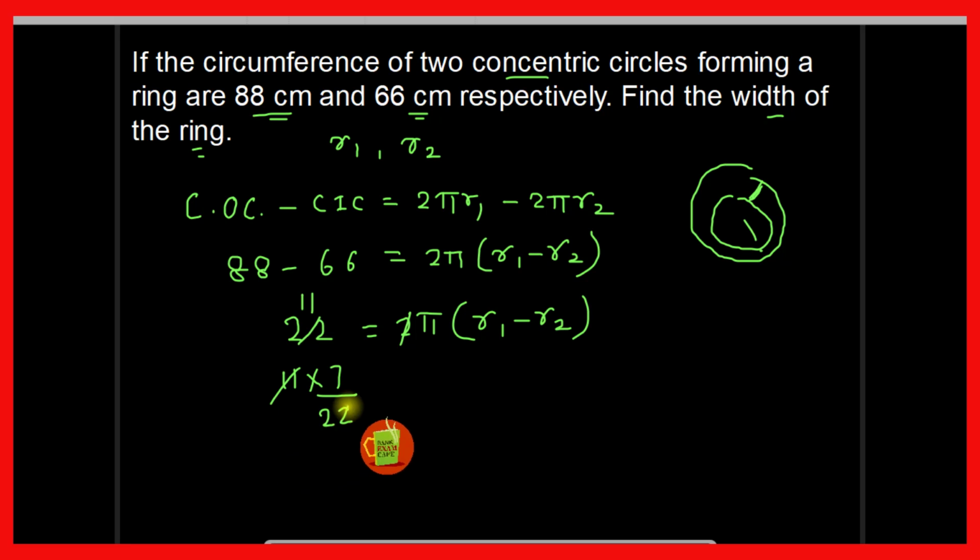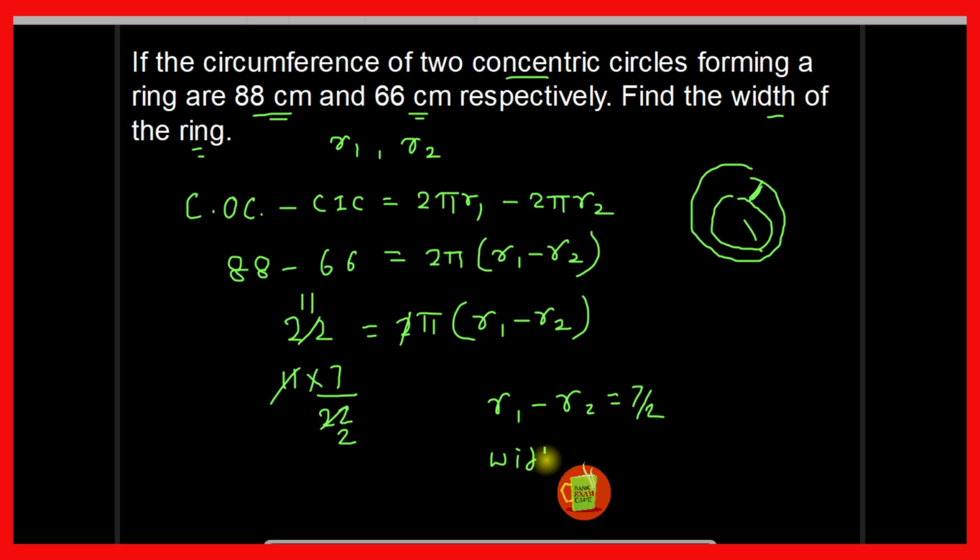So 11 ones are 11, 11 twos are 22, so r1 minus r2 is equal to 7 by 2, and therefore the width of the ring is equal to 7 by 2 meter, that is 3.5 meter. Highlight this. Now see the next question.